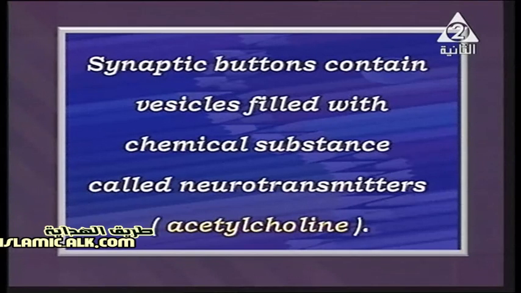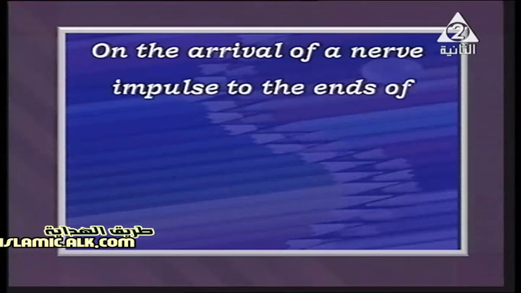We have different types, but in our curriculum we need to know acetylcholine. This is our neurotransmitter. Again, the vesicles at the end of the synaptic area contain a neurotransmitter called acetylcholine.